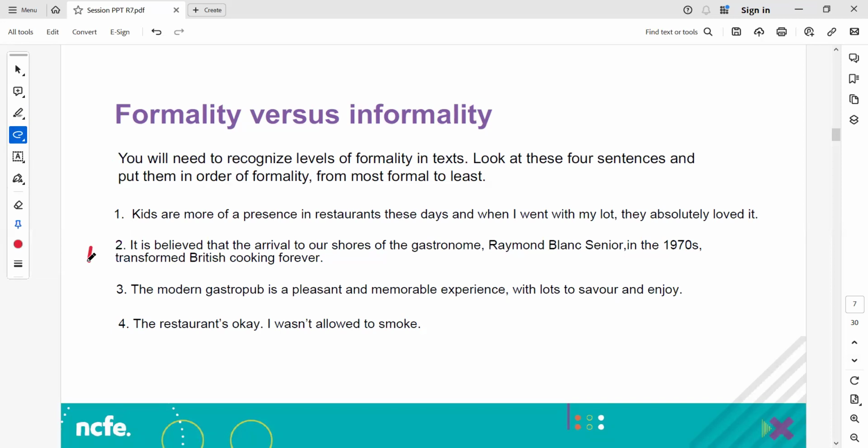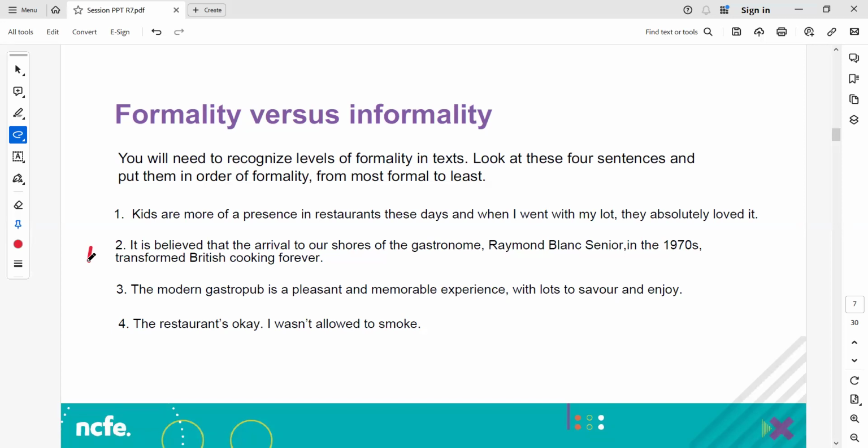So we've got, it is believed. In informal language, we're more likely to have contractions such as it's. We might have it's thought rather than it is believed. It is believed that the arrival to our shores of the gastronome, so we've got that technical vocabulary there.